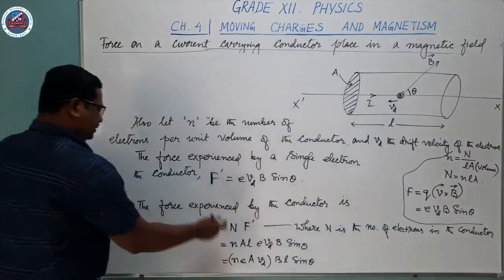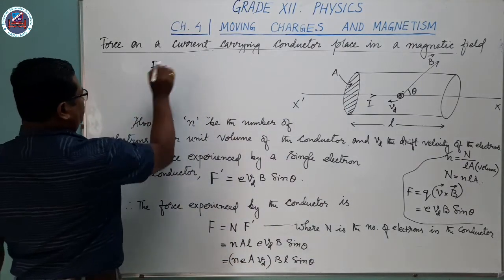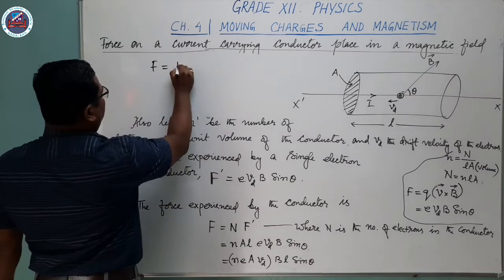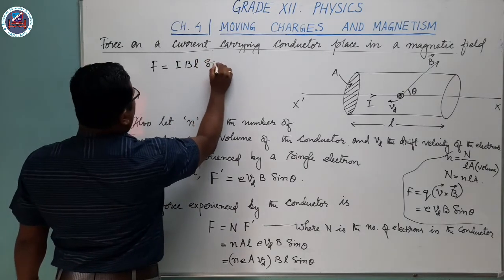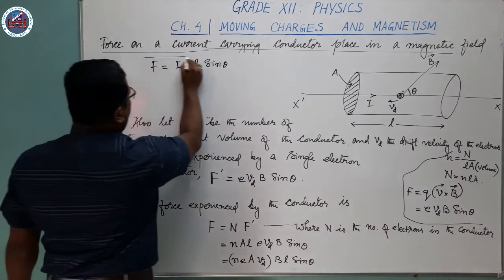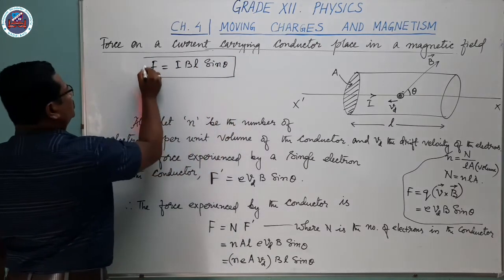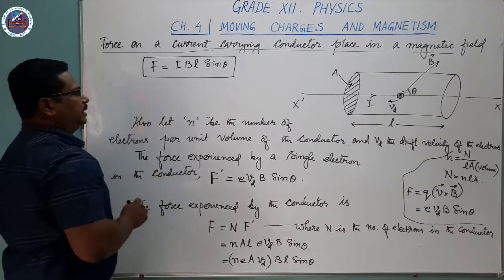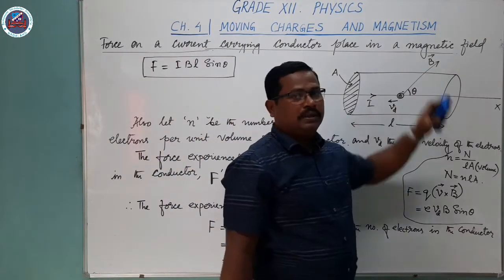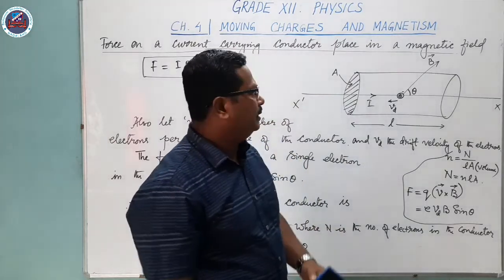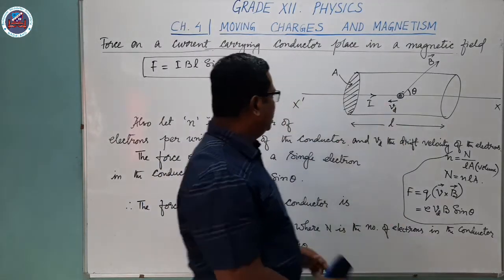So we can represent it like this: F equal to I times B L sin theta. This is the expression for the force that a conductor will experience if it is placed in a uniform magnetic field inclined at an angle theta.